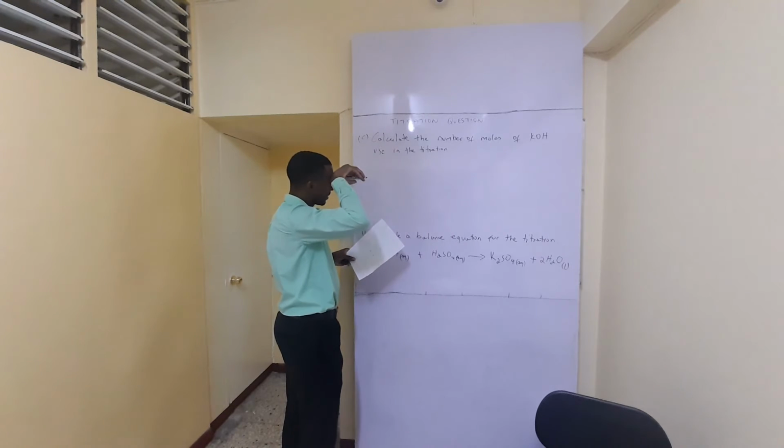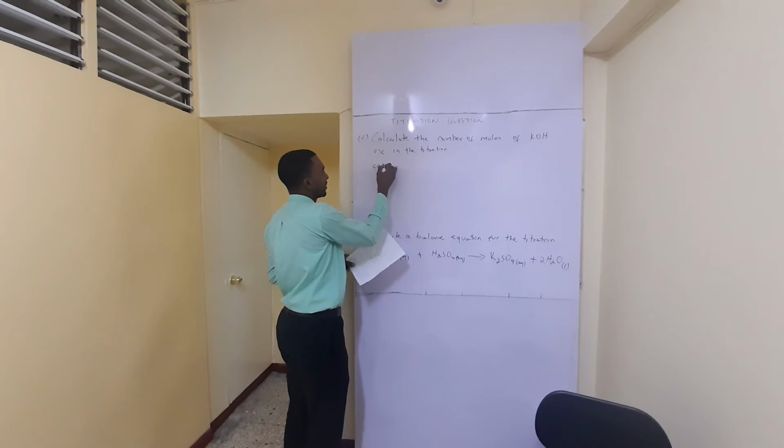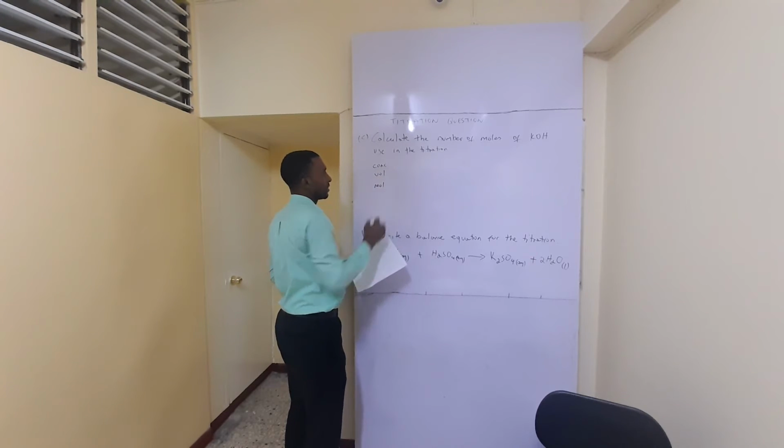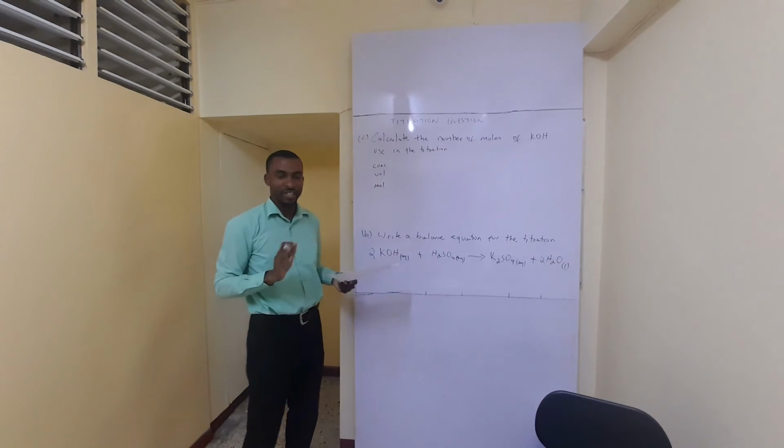Remember that when we come on to titration, we need to know about the concentration, volume, and moles. These are the three quantities that we are interchanging.